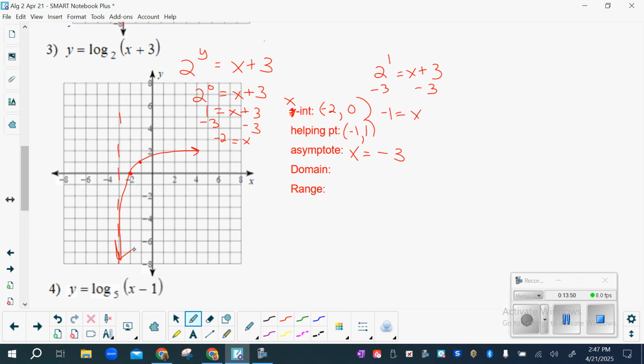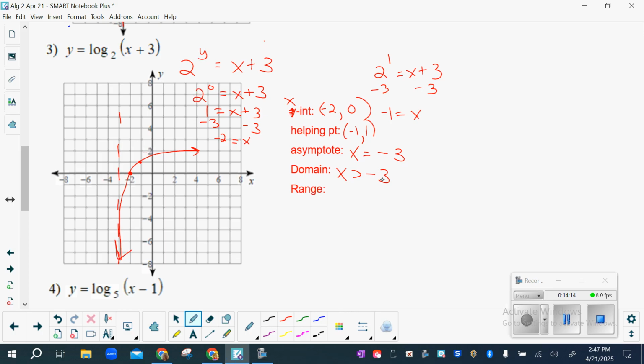Well, it's not about the domain and range. Oh, thank you. Come back and do that. What'd you say? So what's the domain on this one? So your x values. Oh, like less than 3? Or greater than -3? So the x values, yes, good. X is greater than -3, and then what about your range on this one?